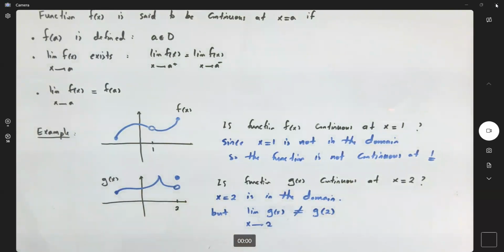So again, the function is not continuous at x equals 2.